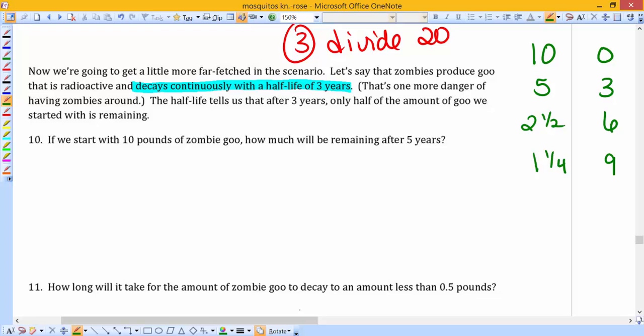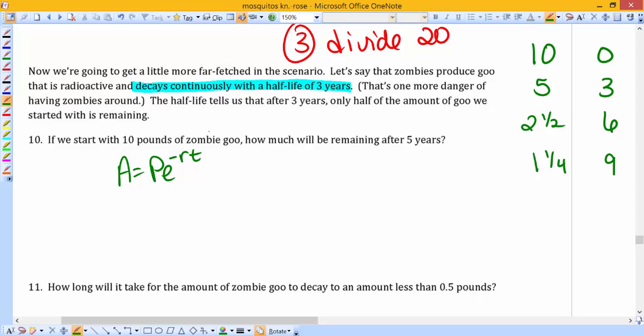So you're welcome to try plugging into A equals Pe to the negative rt, because we're talking about decay, where you would have half-life and then have to find the rate, because you don't know the rate. That's where these ones are tricky.